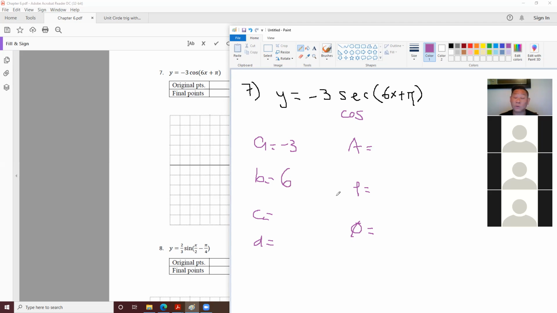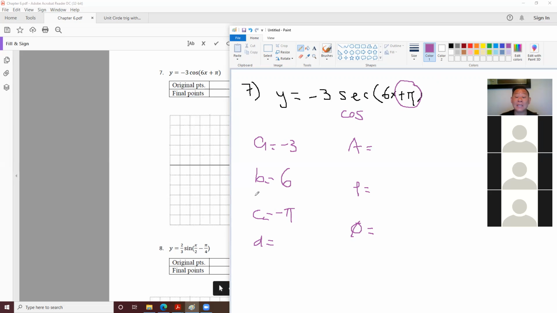Okay, C, do we have a C in this case? Yes. Don't forget, C is inside the parentheses. So what is C in this case? Pi or negative pi? Negative. Okay, so be careful. For C, your sign has to be changed. So if you see a plus in the parentheses, then it's negative. If you see a negative, then it's a plus.